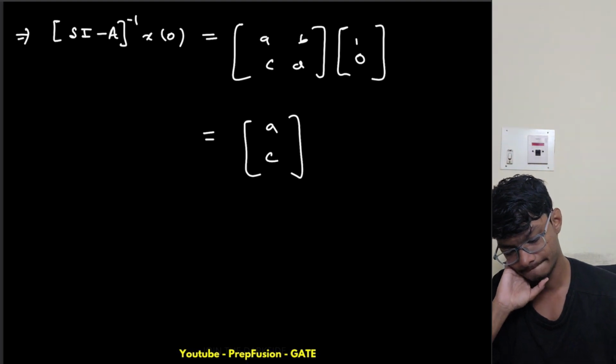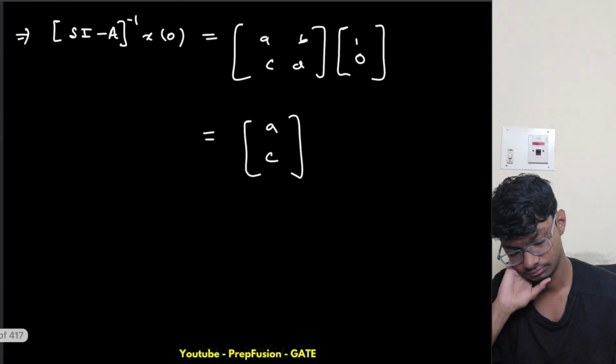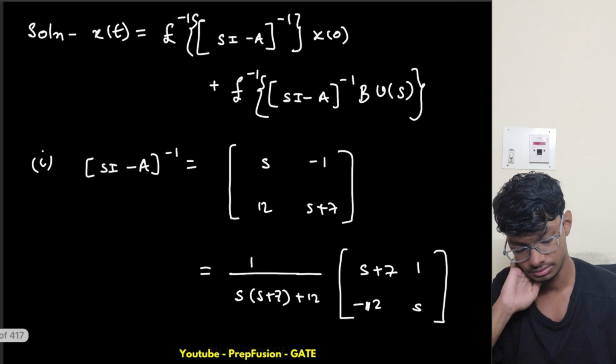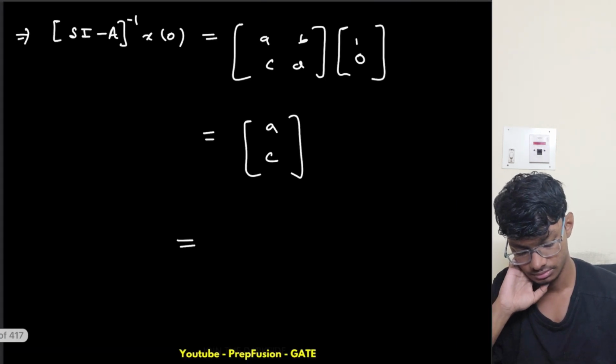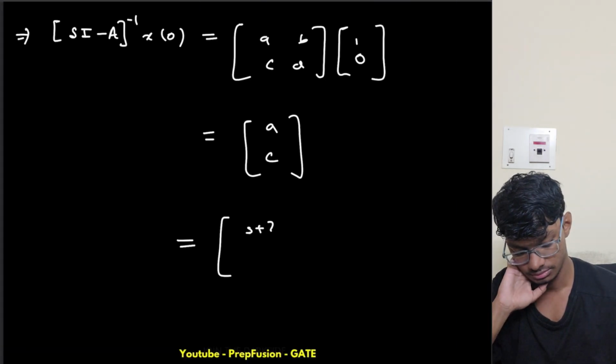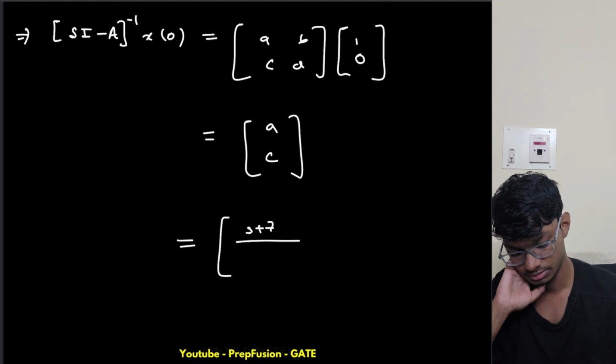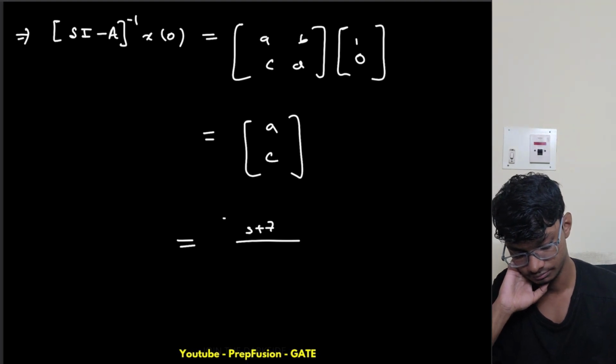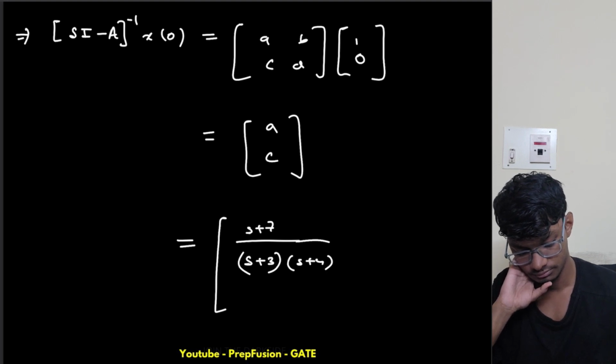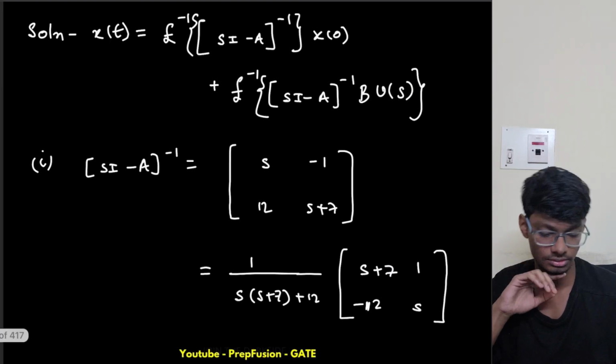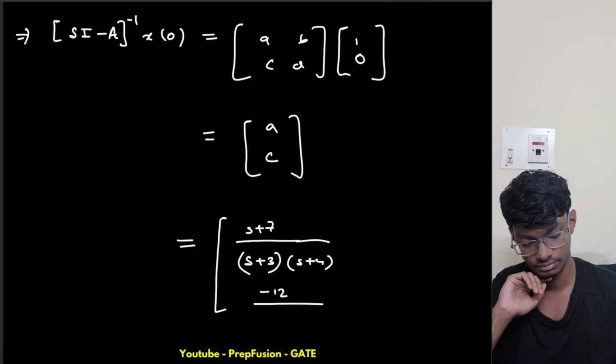So what will happen now? What is a and c? Simply, a and c is s plus 7 by s plus 3 plus s plus 4, and this is minus 12.